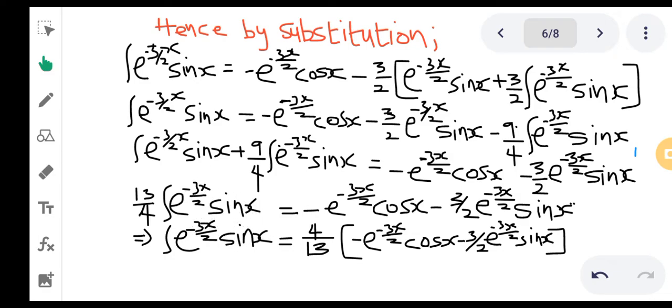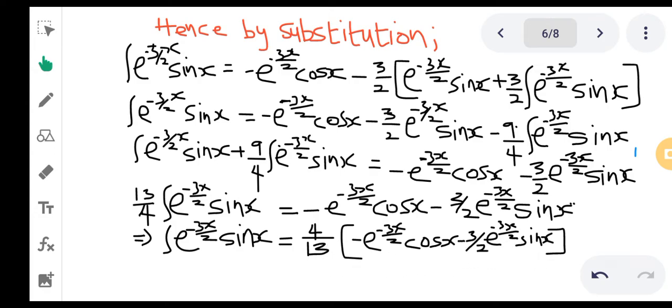So we just divide by the constant here. When you divide, the 4 will come up and the 13 will come down, so the 4 over 13 will multiply the whole of this. Now we are remaining with only the integral part, so you multiply the whole equation by 4 over 13.